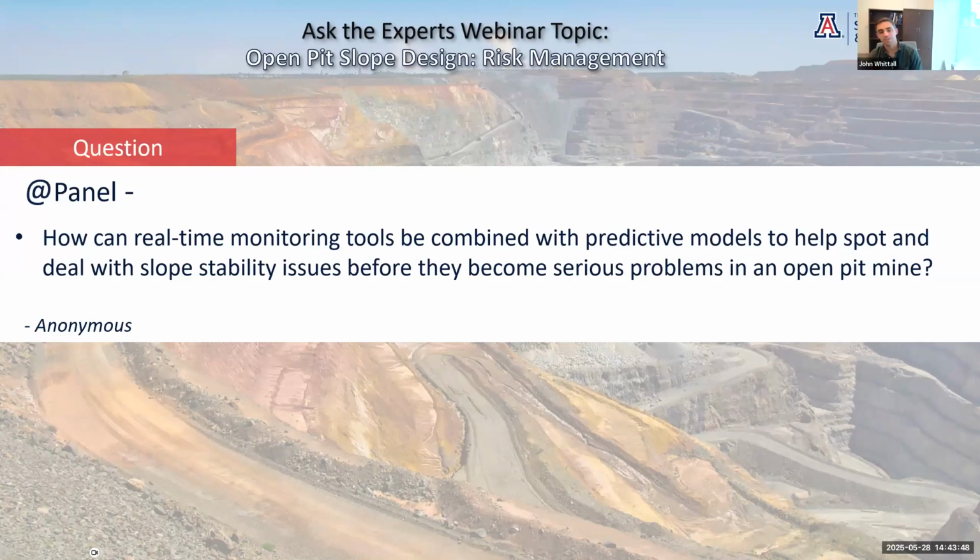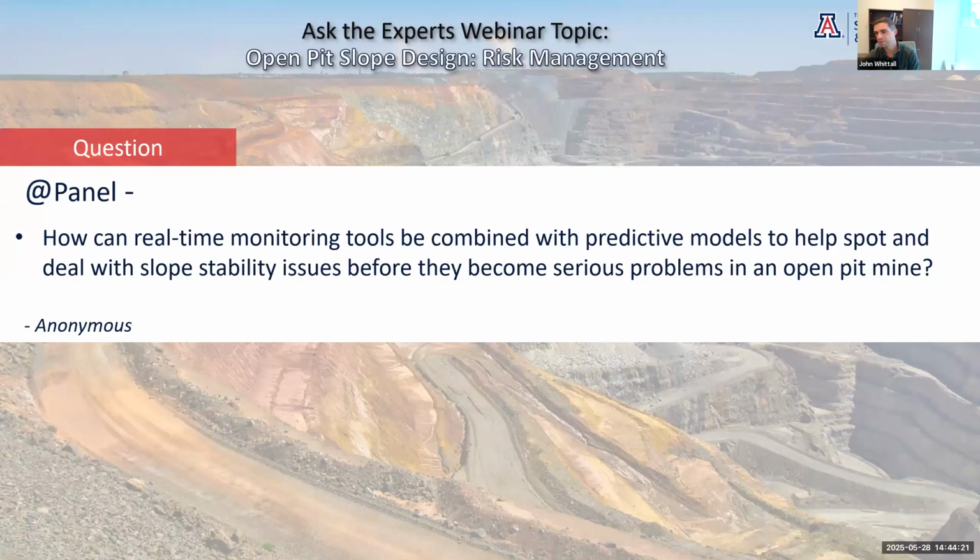One thing to add is an example of something I was working through last year where we didn't have a choice. There was a big moving slope, and no matter what option we had to choose from, we would continue working below that big moving slope. And that's where the risk assessment process really shined, because we were able to use the real-time monitoring tools to formulate the risk assessment.